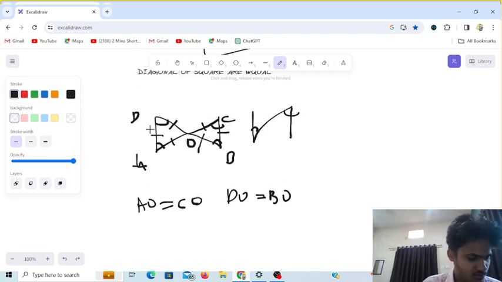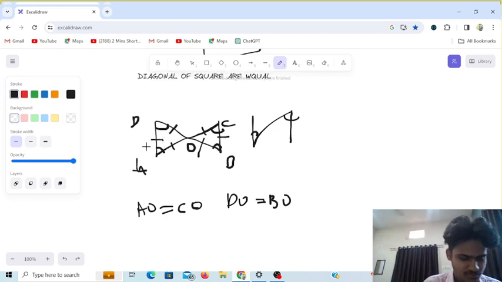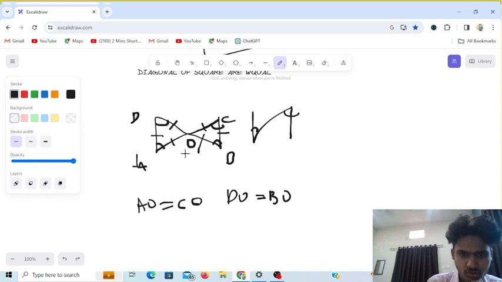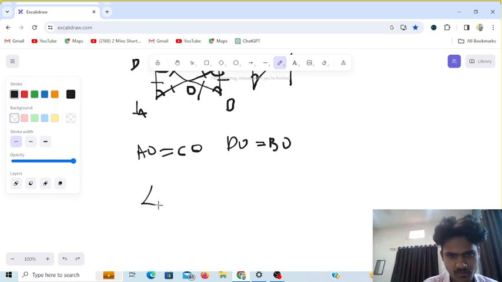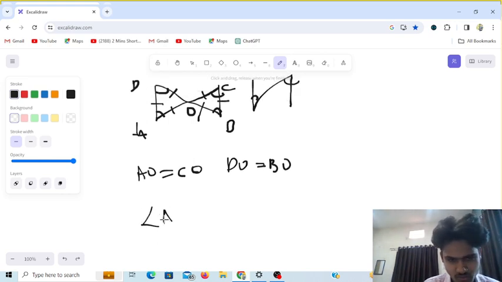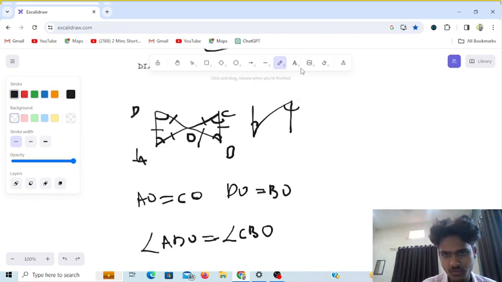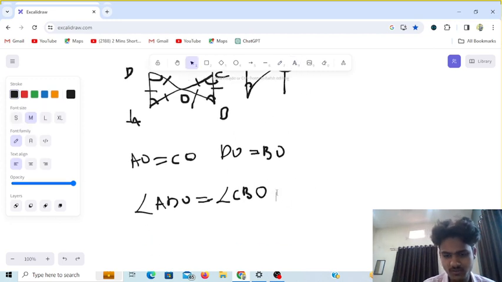Okay, so in triangles we are taking DAO and CBO. This angle ADO and this angle CBO. We are writing angle ADO is equal to angle CBO, this angle and this angle, because of the alternate angle.